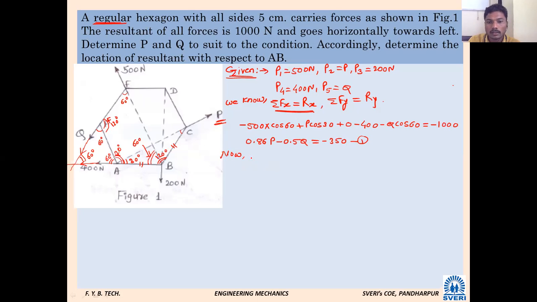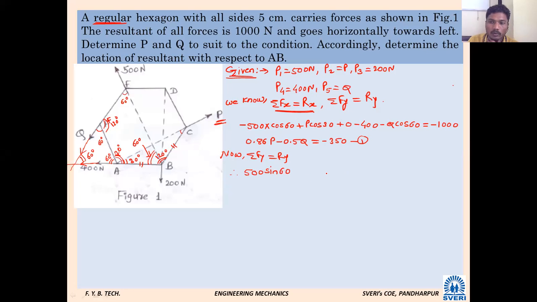Similarly, now we will find summation Fy. I will write here for your information: summation Fy is equal to Ry. Therefore, we will consider each and every force now. Force 1, 500 Newton. What will be its y component? 500 sin 60. Plus or minus?